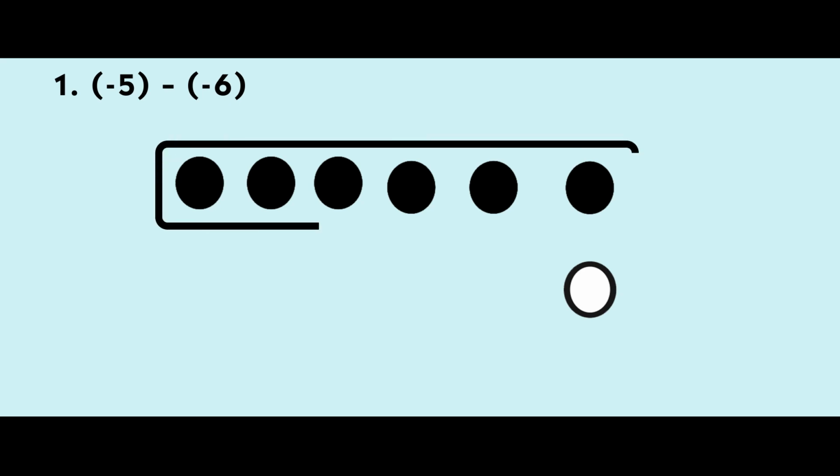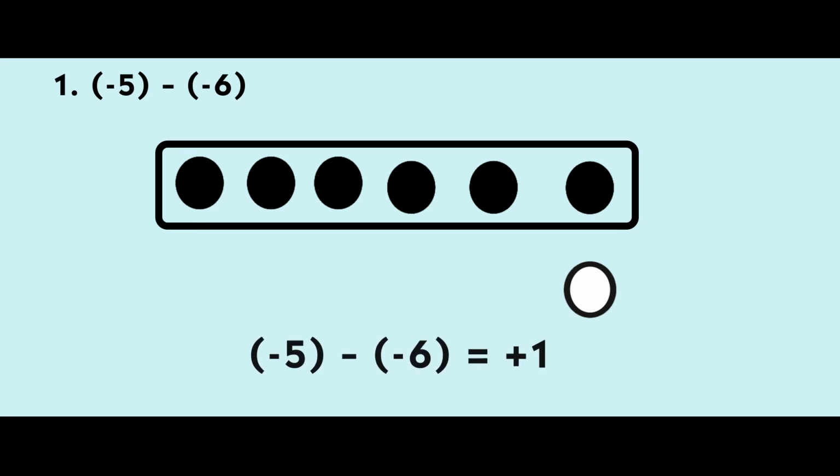Now you have 6 black counters and 1 white counter. Now you can take 6 black counters, which is worth negative 6, from negative 5, and we are left with positive 1. When you subtract negative 5 minus negative 6, our answer is positive 1.